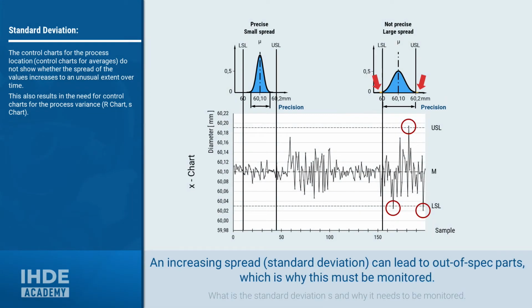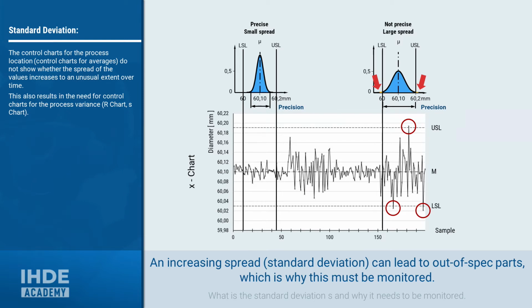The distributions just shown in the diagrams are based on concrete individual measured values. These individual measured values are shown in this value curve of a control chart. It can also clearly be seen how the values in the first part vary only slightly around an average value and are far from the specification limits.